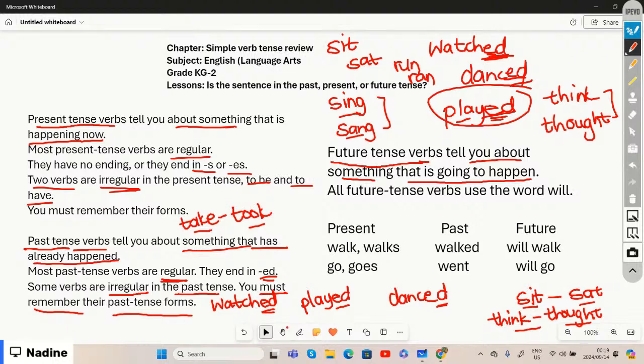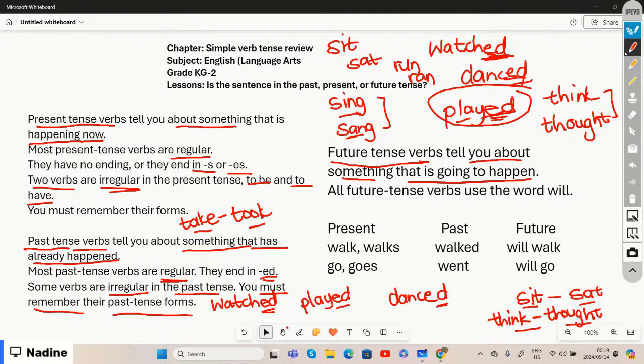So whether it is going to be tomorrow, whether it's going to be next week, whether it's going to be next month, next year, that is the future tense. Remember, future doesn't mean okay, in 5 years time I want to be, or one day when I grow up I want to be a. Future doesn't necessarily just mean in 5 years or 10 years time, right?